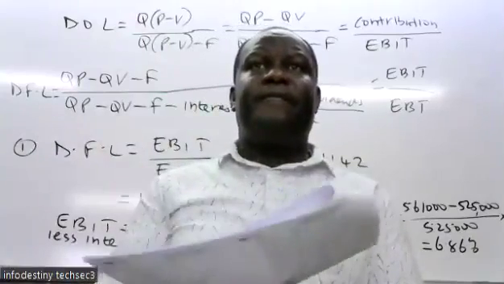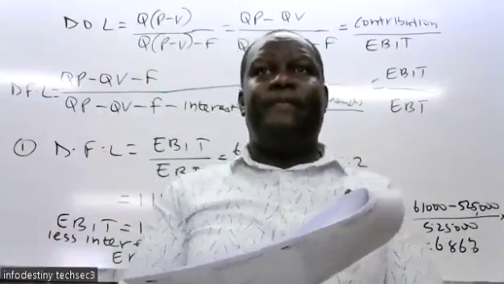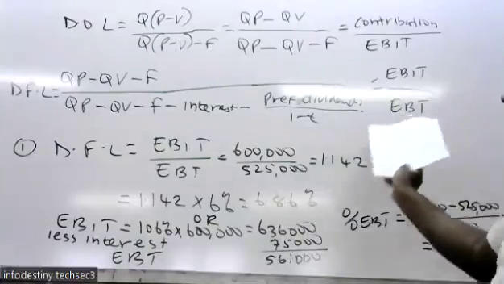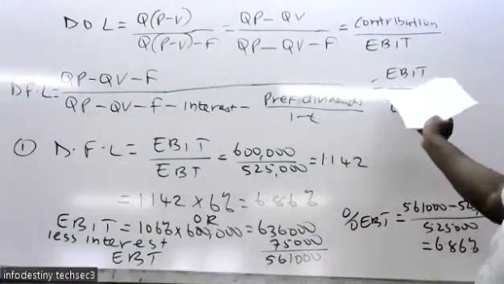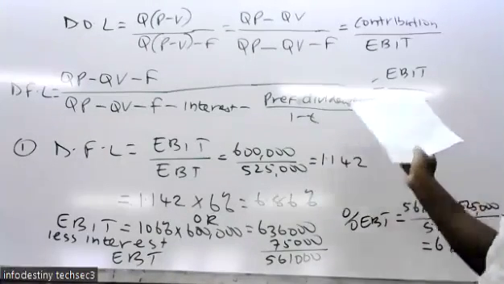And how did you know that in Roman 1 you're supposed to use financial leverage? Maybe I explain from this one here. How do we get the degree of financial leverage? It is earnings before interest and tax divided by what? Earnings before tax.